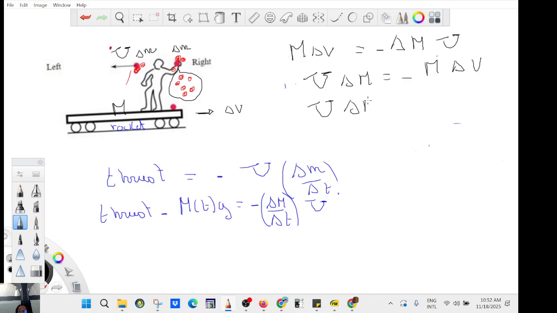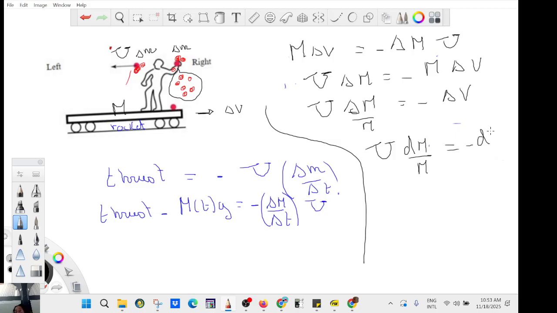So I'm going to have U delta m over m equals minus delta v. So what can we do with it? Because we can change that into a derivative, right? So U dm over m equals minus dv. This is not very hard.